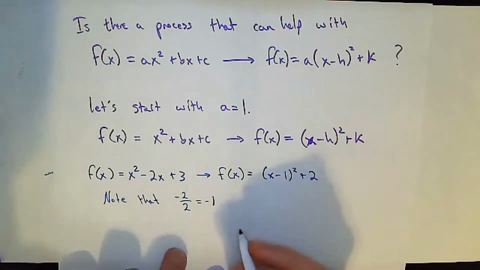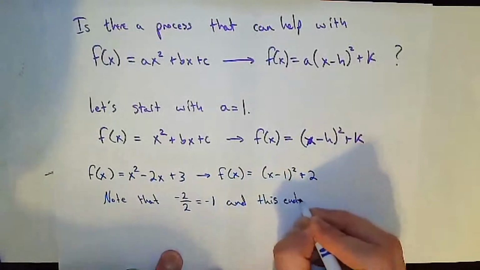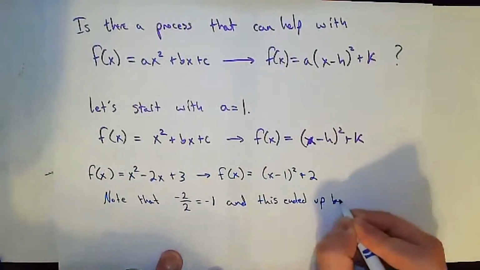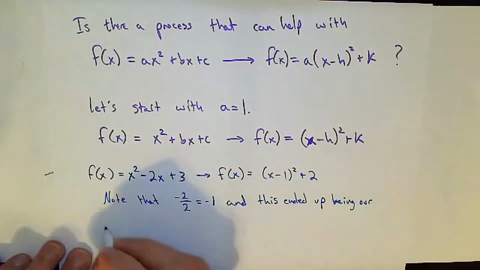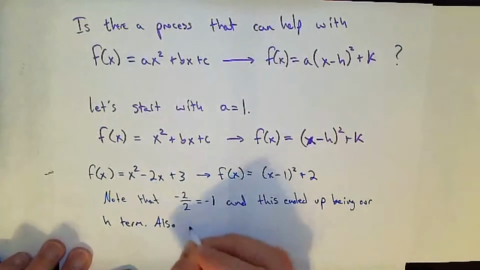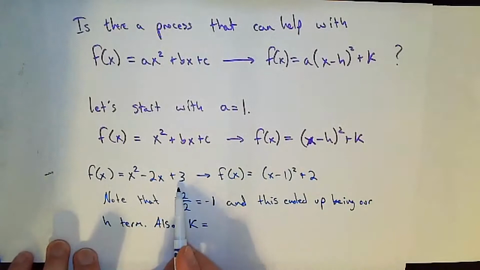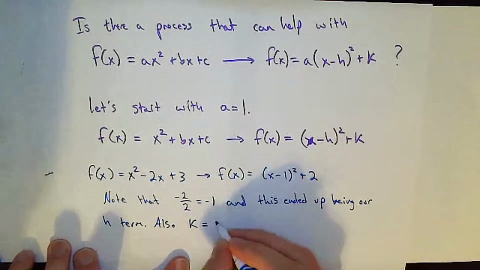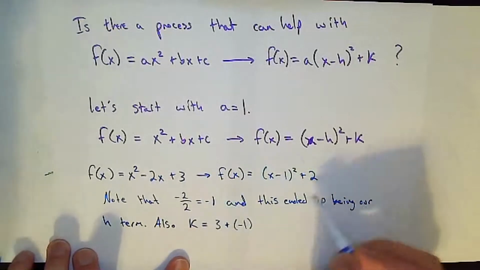And this is what ended up in here, and this ended up being our h term. Also, k was equal to the original constant term plus -1, right, because it equals 2.